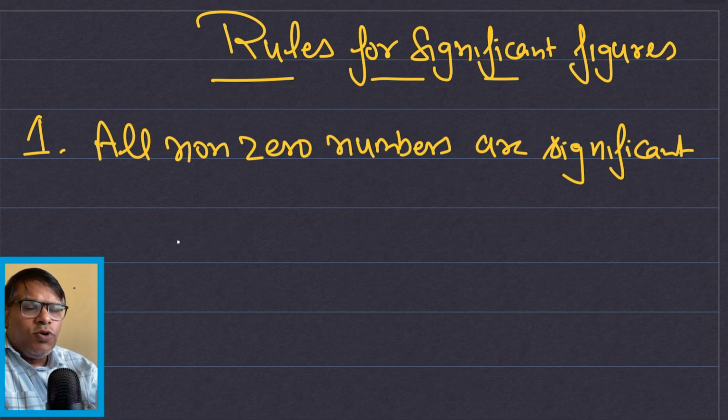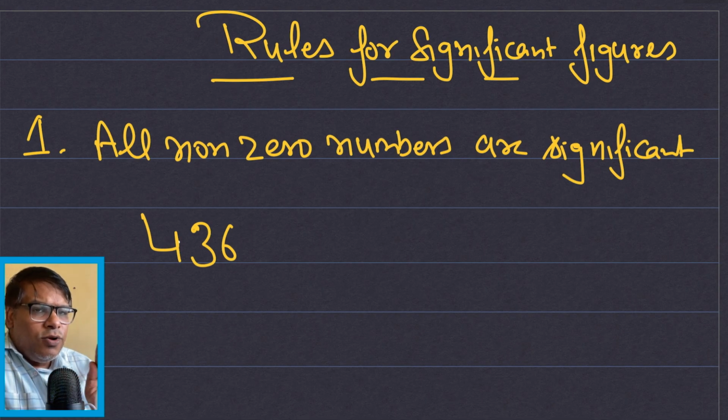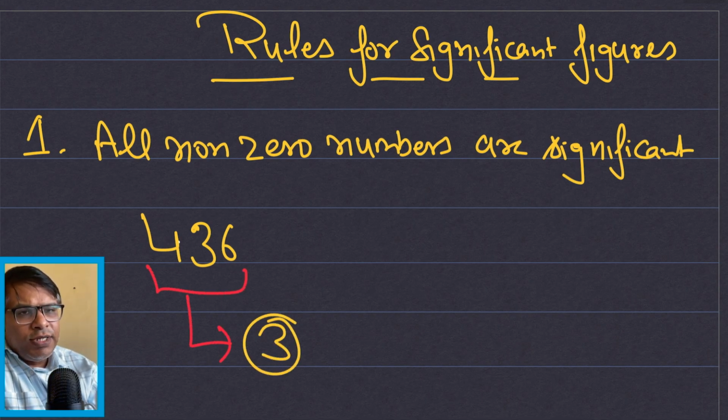Let's suppose you have a number like 436. Here 4, 3, 6 are all non-zero numbers, so each is significant. If you calculate, the number of significant digits is 3.